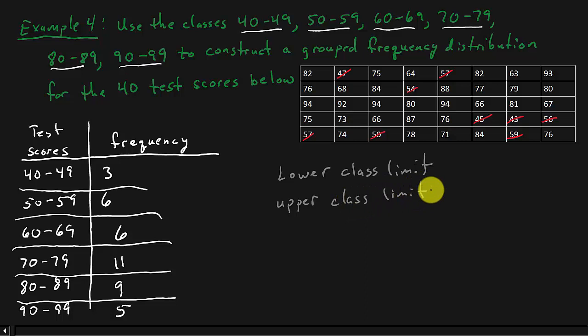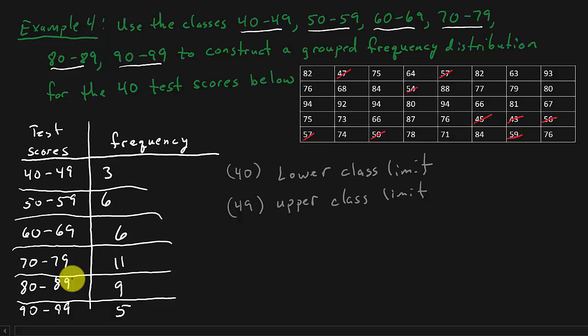Okay, so from that table, that's the 40 and the 49, and then also the 50, 60, 70, 80, and 90, those would be the lower class limits, and the 49, 59, 69, 79, 89, and 99, those would be called the upper class limits.